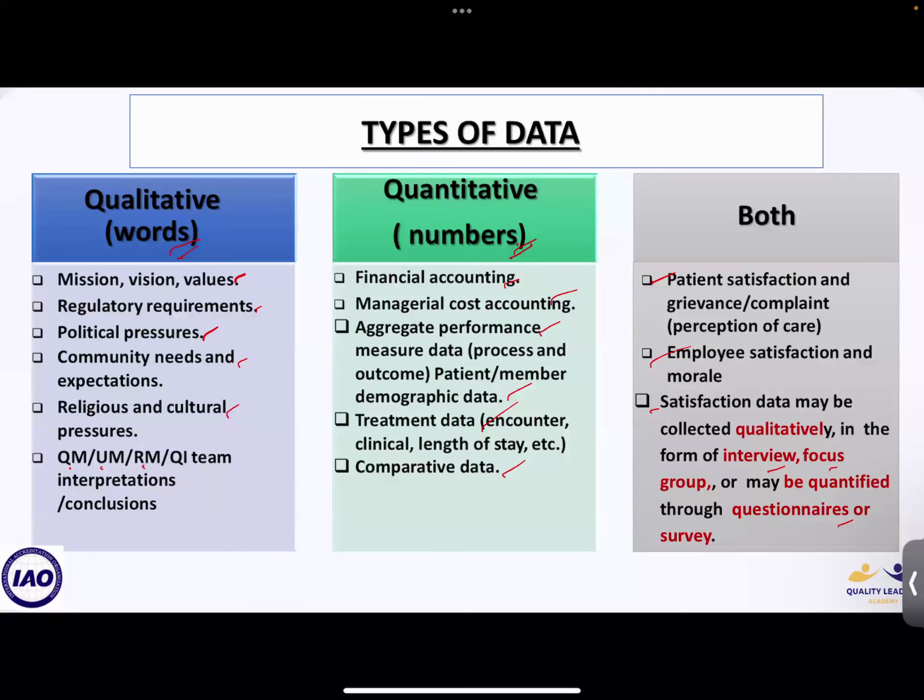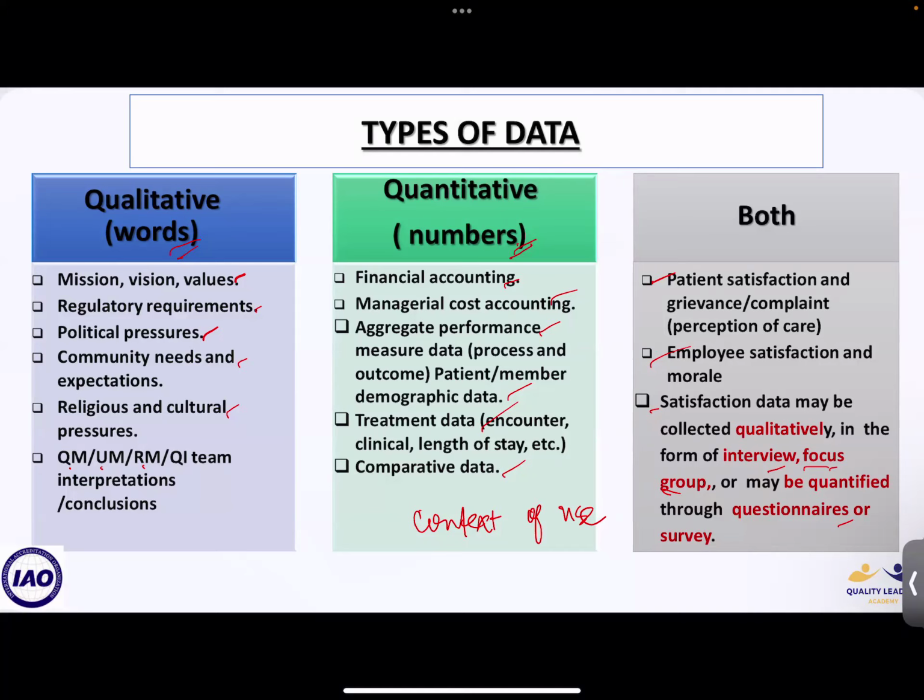Now, what about the context of use? The context means that the data can be either qualitative or quantitative depending on the data collection tool you use. Let me give you an example. If we collect data about satisfaction and conduct interviews with patients, what we call a focus group, to see if they are satisfied or dissatisfied, what type of data will this be? Is it quantitative or qualitative?